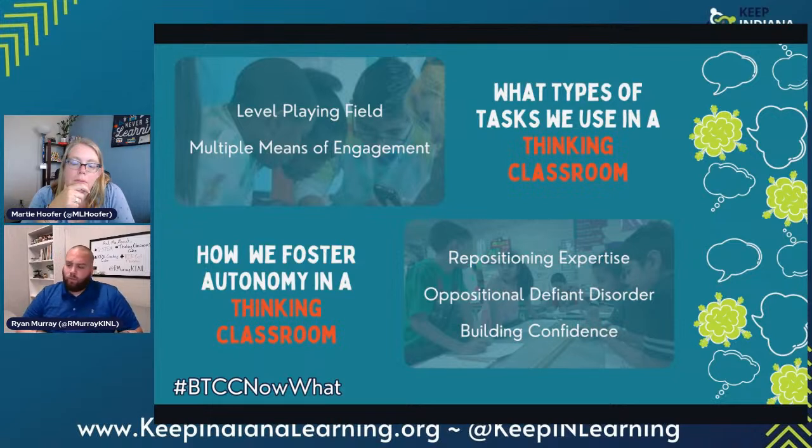And when we think about consolidating at the end of the lesson, doing the gallery walk and letting students be owners of their learning, those students who maybe lack confidence will have an opportunity to say, oh, that was mine. That was my work. I did that. And then boom, that's an immediate shot of dopamine that says, I am good at this. I can do math and I can do science. And what an exciting thing.